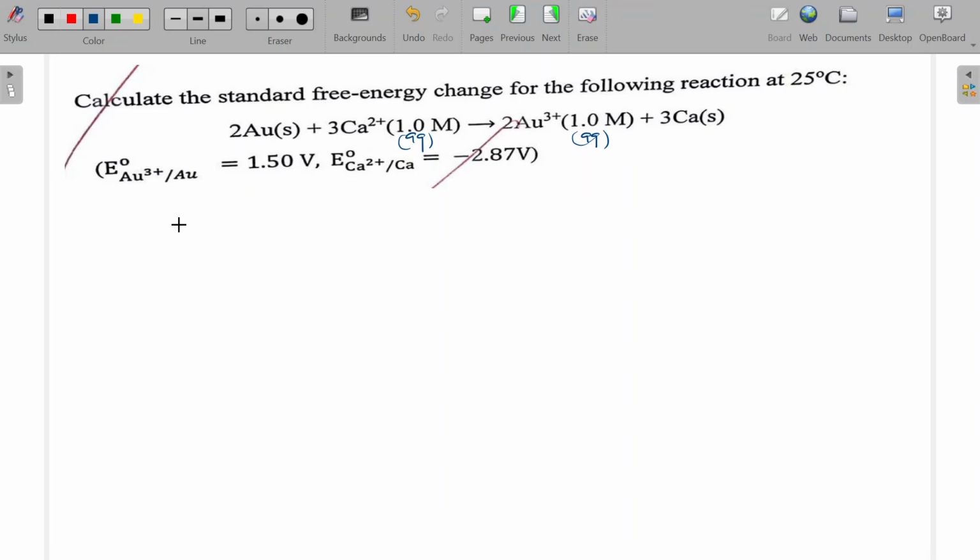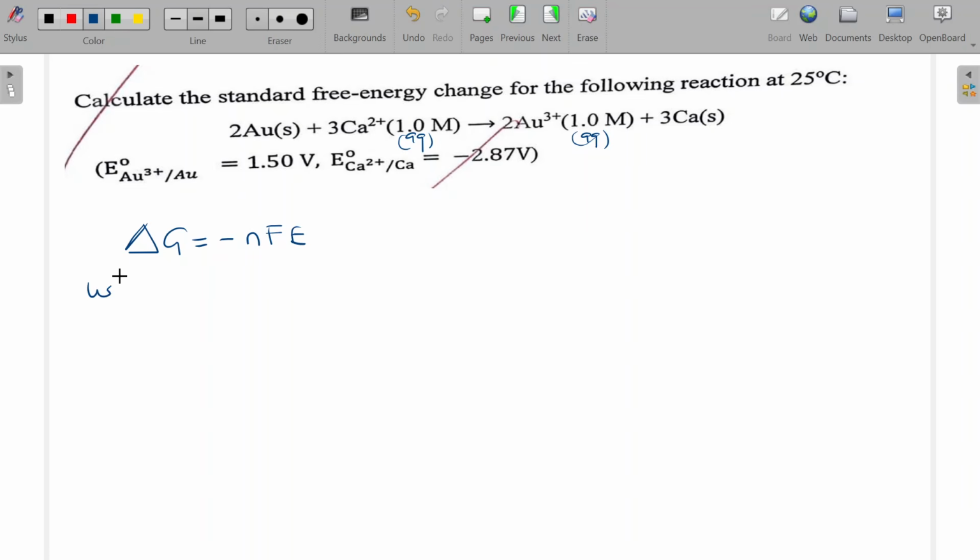Don't forget about the constants which they will give you. The first thing you need to note is that when they talk about standard free energy, they are talking about the Gibbs free energy, which is gotten by saying that Gibbs free energy is equal to negative nFE.